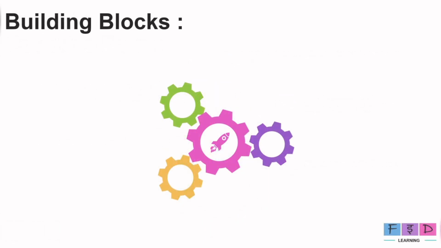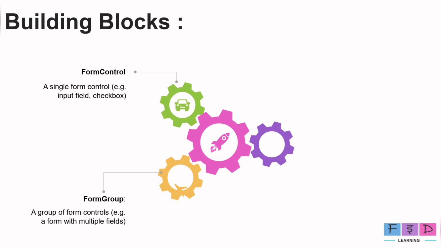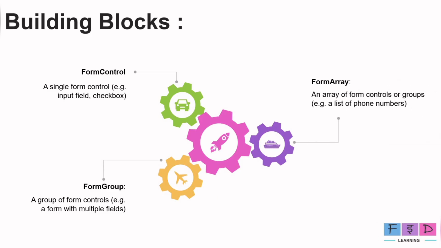In the reactive forms approach, we need to build a form model using 3 essential components: form group, form control, and form array. And these 3 components are the building blocks of the Angular forms. A form control represents a single form control, such as an input field, checkbox, etc., and it tracks the value, validity, and dirty state of the control.